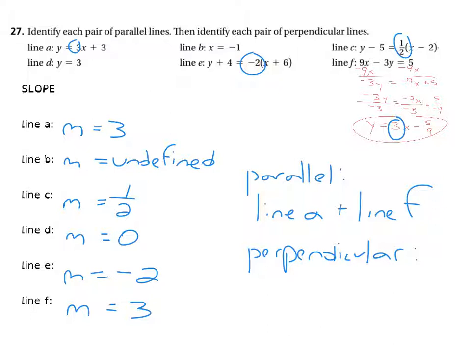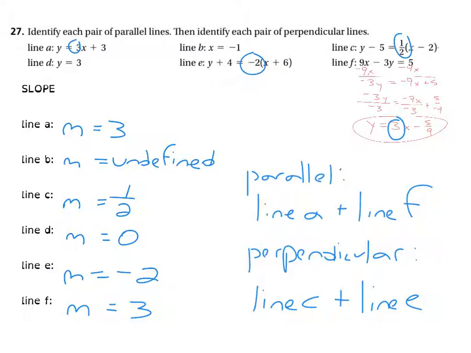Well, line C has 1/2 and line E has -2. Those are opposite reciprocals, so we say line C and line E, opposite reciprocals. That's our answer.